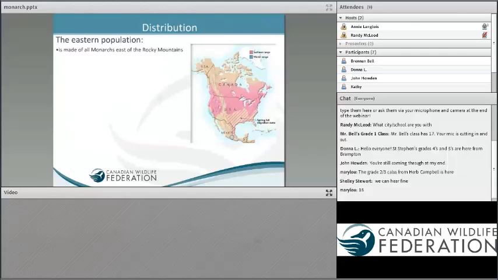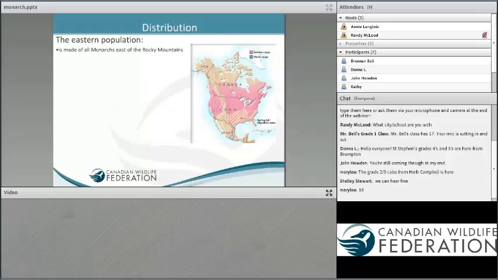So the eastern population is east of the Rocky Mountains. When you look at the map here, you'll see there's a line in Canada and the US that's sort of curved up. This line is basically the Rocky Mountains. And butterflies don't do well in mountains, so they don't live in them.